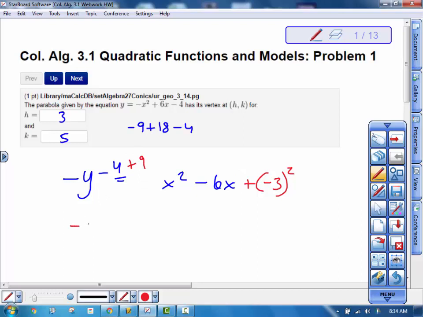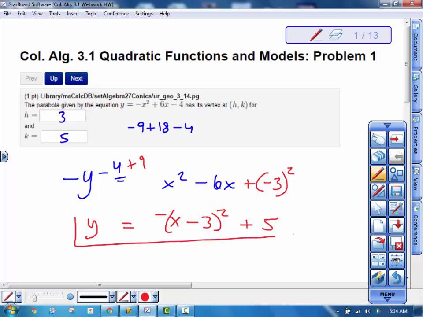This gives me negative y plus 5 equals, now when you complete the square, this becomes a perfect square trinomial, so it becomes x minus 3 squared. Put this here and this here basically. You subtract 5 from both sides, and you multiply through by a negative 1, and what you get is this, which is the same parabola but now in vertex form.